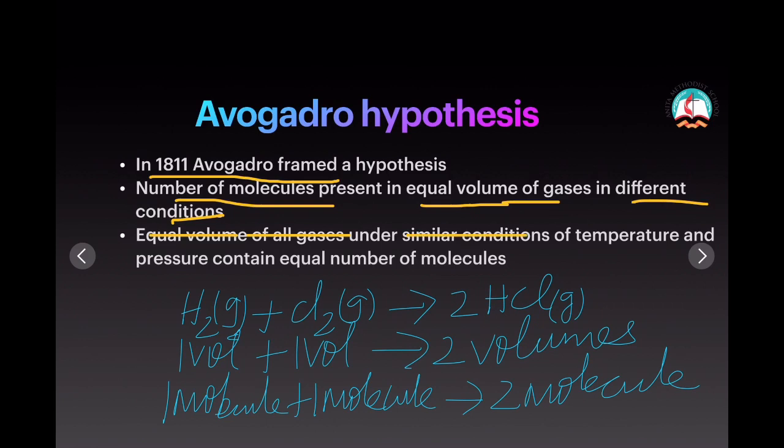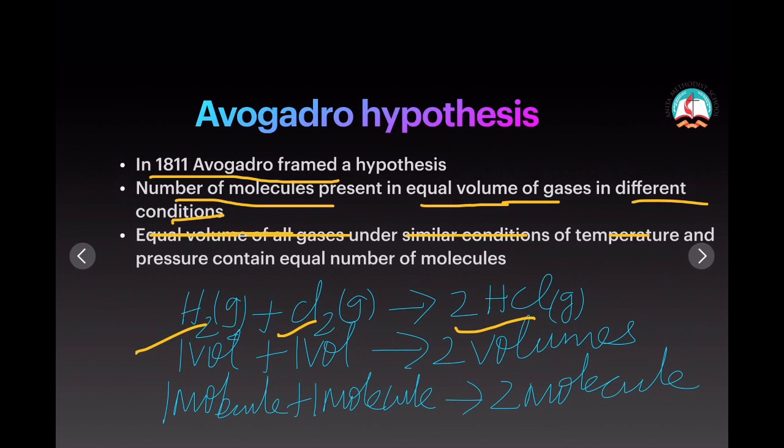molecules. For example, if we take one volume of hydrogen and one volume of chlorine, both are gases, they combine together and form 2 volumes of hydrochloric acid, which is also a gas. Based on the law, equal volume of gases contains equal number of molecules, so I am going to replace volume with molecule.